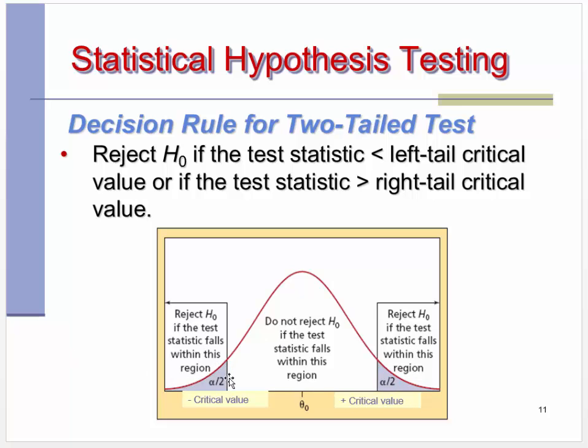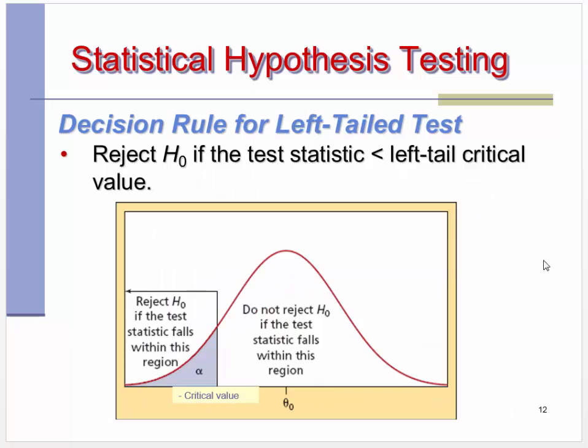If it falls between these two, in this area right here, then we do not reject null. Okay? And we know the test statistic follows a normal distribution. That's why we can use normal distribution test to test the hypothesis.